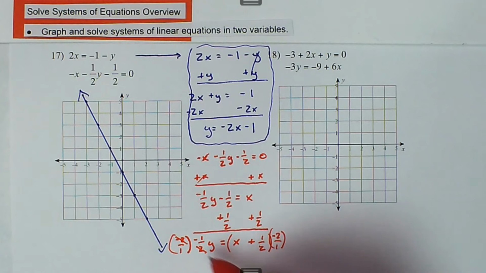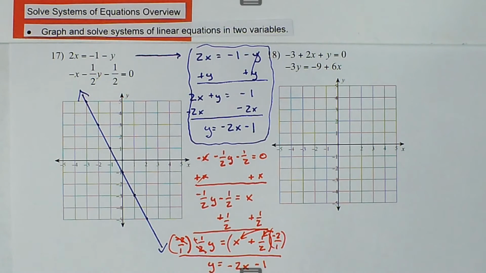So the -2 cancels the -1/2, and on the left-hand side, we're left with just y. And then on the right-hand side, this is actually -2, so we have to distribute that into our parentheses here. So then we get -2x, and -2 times 1/2 is just -1.